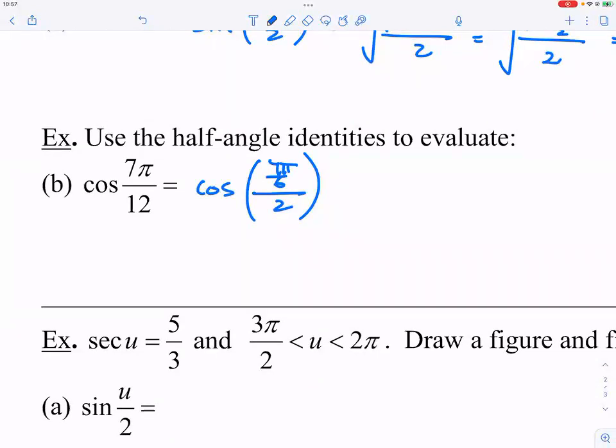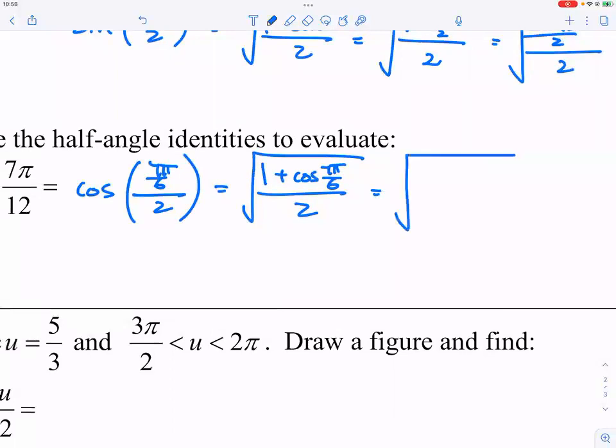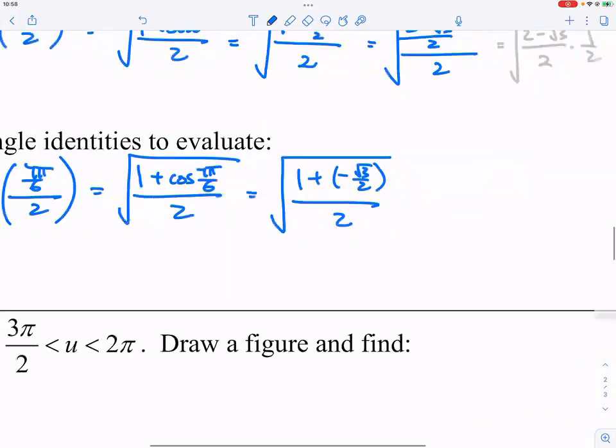Okay, so we have cosine of 7 pi over 6 over 2. That means we have 1 plus cosine of 7 pi over 6, all over 2. And that is 1 plus negative root 3 over 2, over 2.